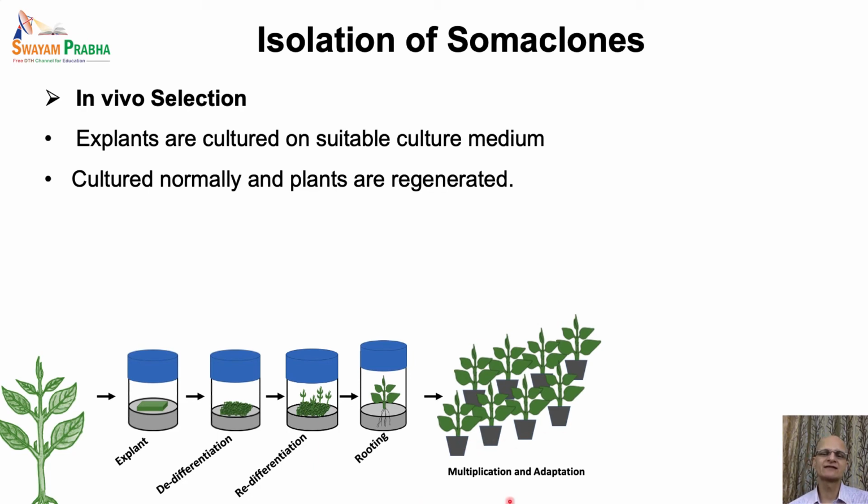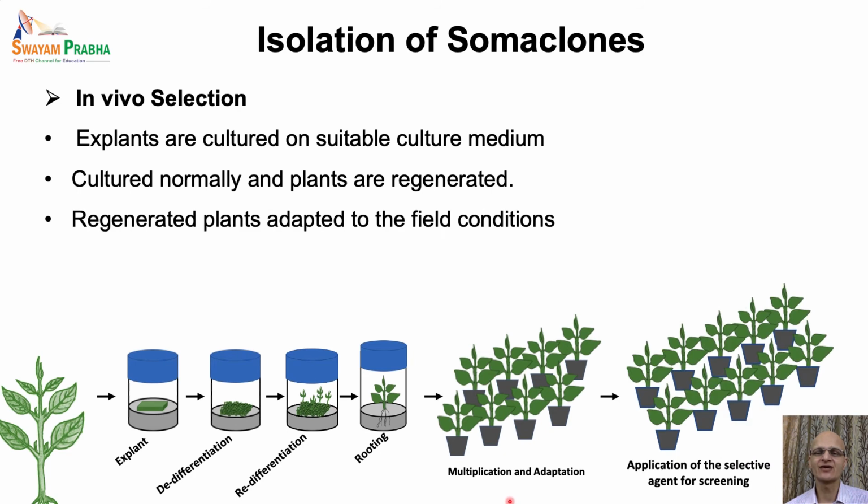Now these plants are ready for screening of the desired trait. Suppose the desired trait is resistance to a particular pathogen infection, so these plants or the field-adapted plants are infected with the pathogen and screened for the identification of resistant plants.